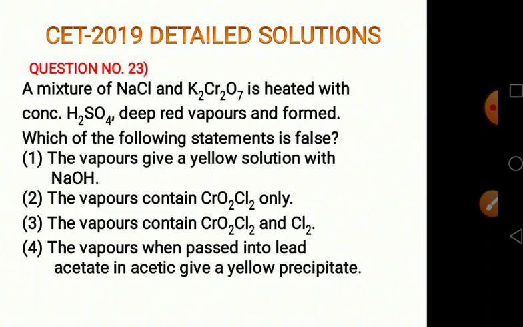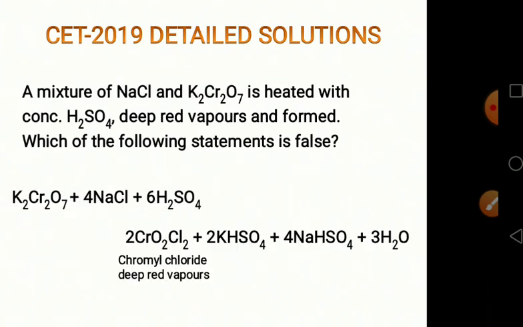Then the second and third statements I will show you in the reaction. The fourth one: vapors when passed into lead acetate in acetic acid give a yellow precipitate. What was the last step in the chromyl chloride test? That is the yellow precipitate. So the fourth one is also correct. Second and third, which one is correct, we will see. A mixture of NaCl and potassium dichromate is heated with concentrated H2SO4. The reaction you are going to get is like this.